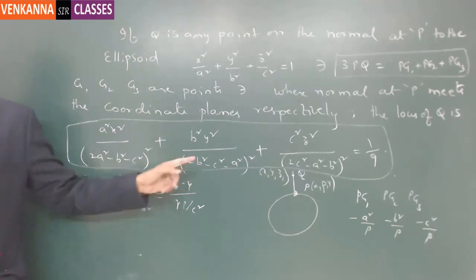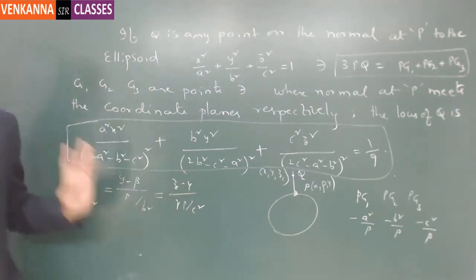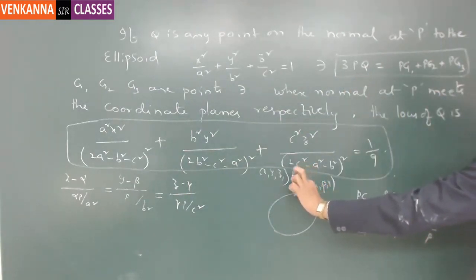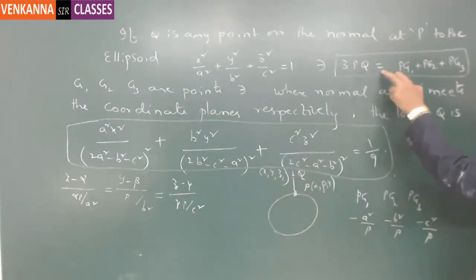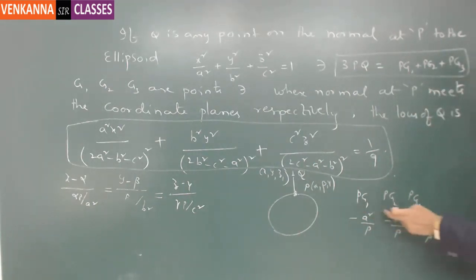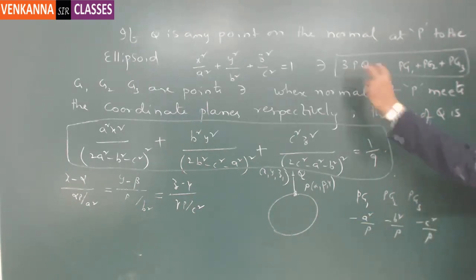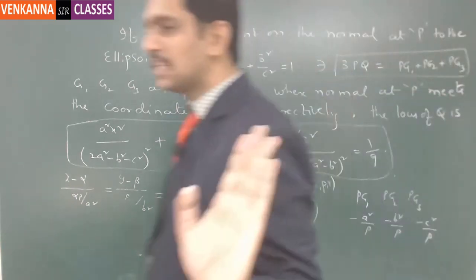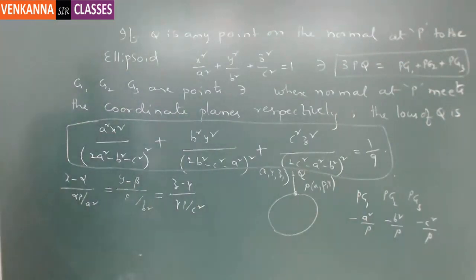And how the point is chosen on the normal is: 3 times the distance between PQ is equal to the sum of the 3 distances from the principal planes. Plane 1 distance, plane 2 distance, plane 3 distance. If you sum up these 3 values, it is equal to 3 times the distance between these 2 points on the normal. In such a way, the point Q is taken.